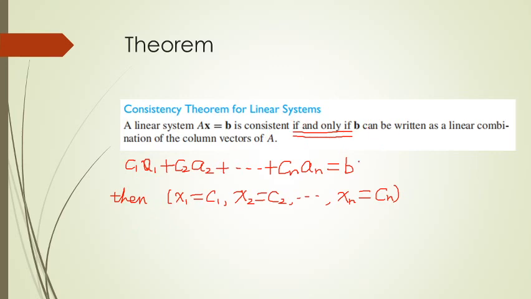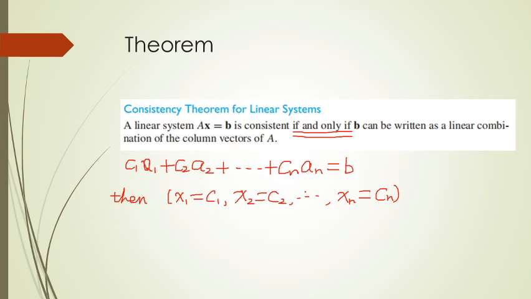If B can be written as a linear combination, then those C1, C2, Cn's are the solution, which means the linear system is consistent, right? We have already explained what the statement if and only if means last semester, right? So those two statements can be the conditions for each other.